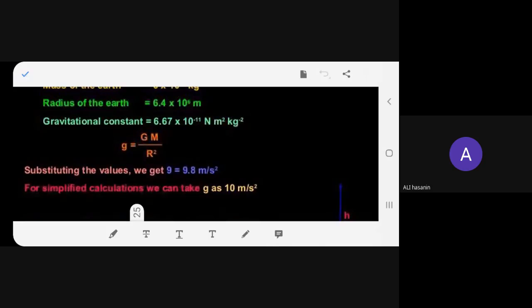Small g is equal to capital G M divided by r square. Substituting the values, we get g is equal to 9.8 meter per second square. For simplified calculation, we can take g as 10 meter per second square. So you recall what I said just now?